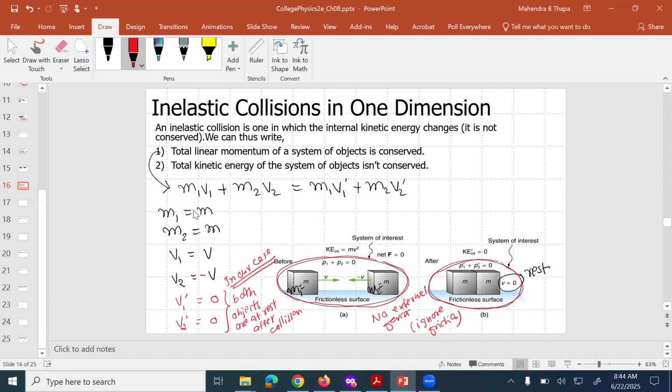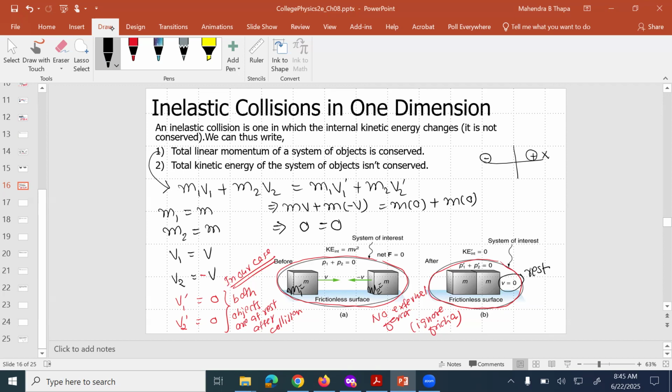Let's put those numbers over here. M1 is M times v plus M times negative v, because I choose coordinate system as left negative, right positive along the x-axis. Okay, so that equals M times 0 plus M times 0, because after collision they rest. So that gives us total momentum before collision and total momentum after collision, both equal to 0 in this example.